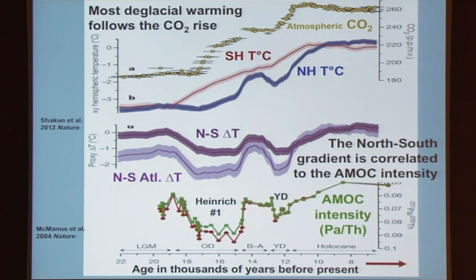So the paper is much more complicated. The paper that we did with Shakun et al. is much more complicated because we have a significant part of modeling with the ocean-atmosphere GCM, mainly the work of the NCAR team in Boulder.